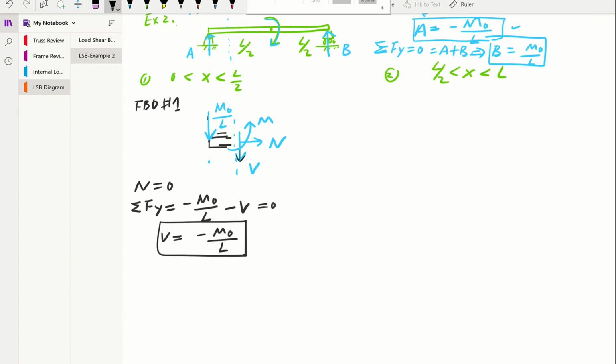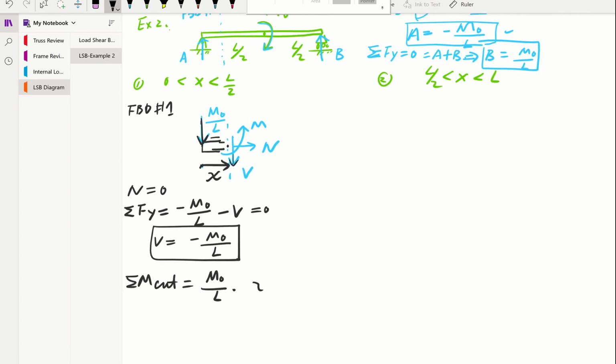The last thing to solve is our moment, so we take moment about where we cut. We have M0 over L, the external force, rotating about the cut. The moment arm for this one is x. Because it's an analytical approach, you cut randomly, so it's expressed as x instead of a specific number.